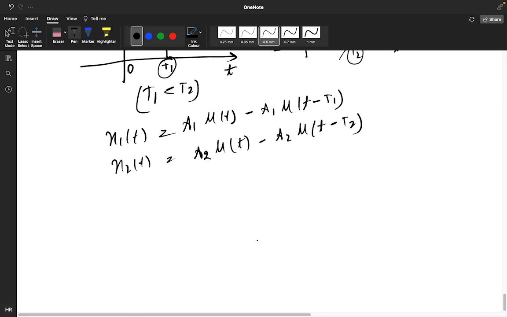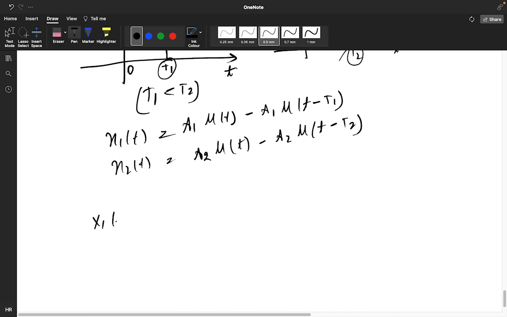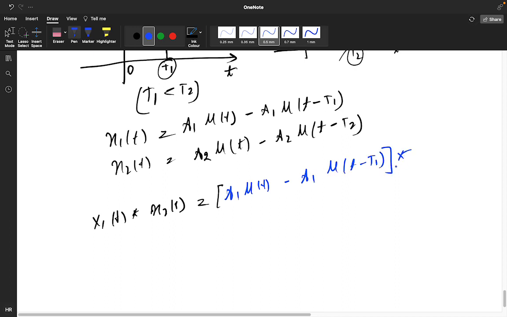And we are doing the convolution of x1 of t with x2 of t. So if I do the convolution, I have a1 u of t minus a1 u of t minus t1 convoluted with a2 u of t minus a2 u of t minus t2.